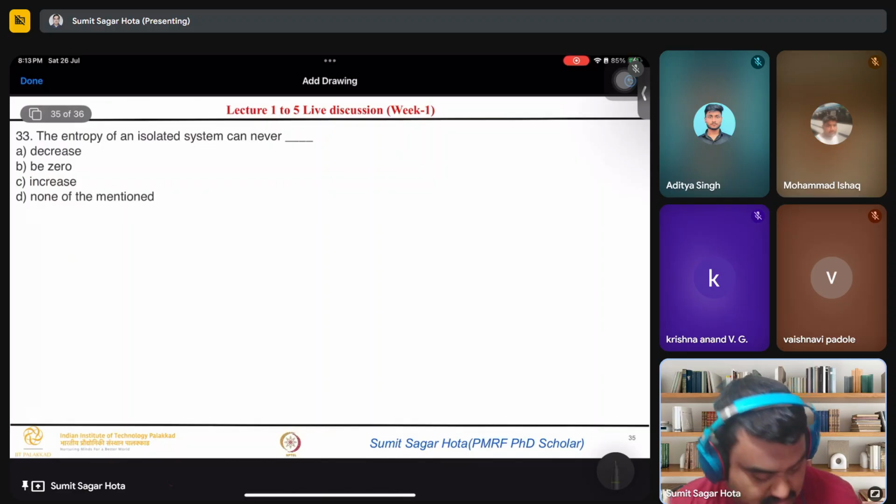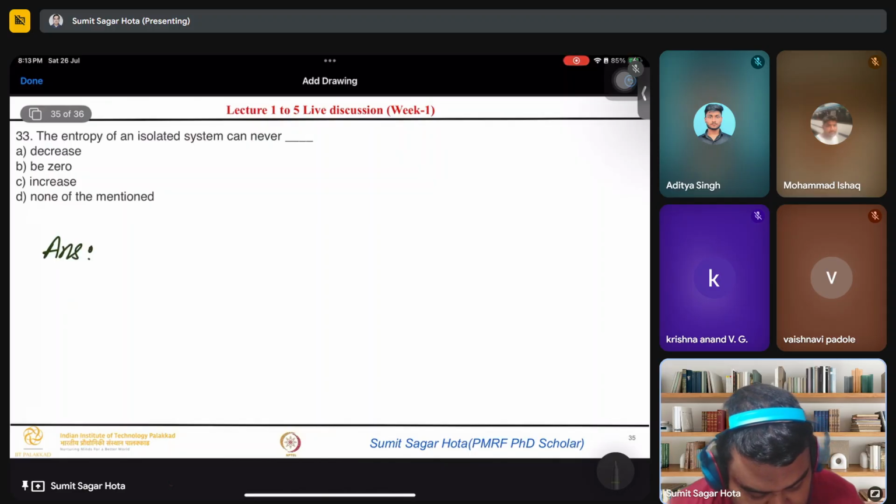So just club together all these things. The entropy of an isolated system cannot decrease.